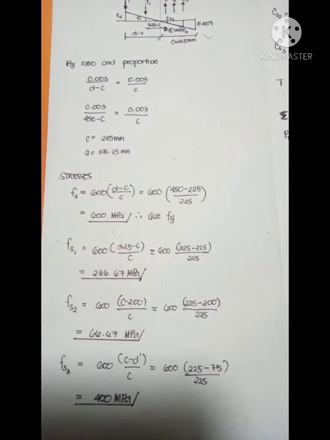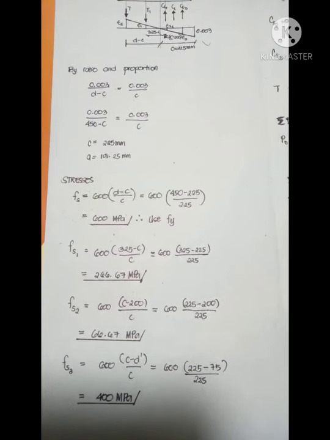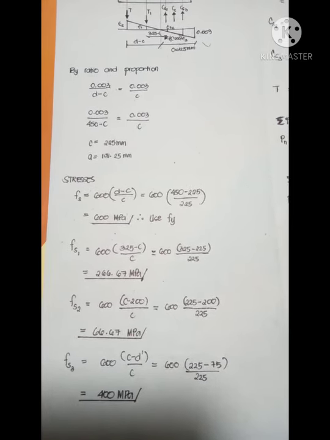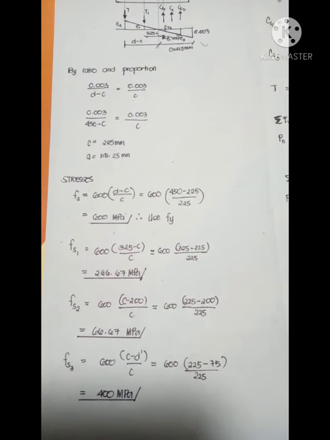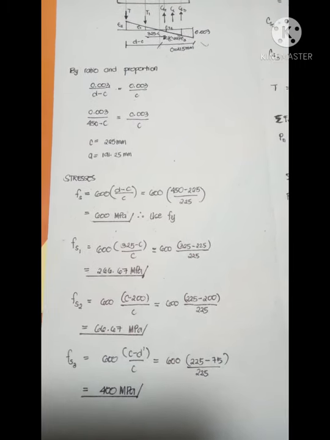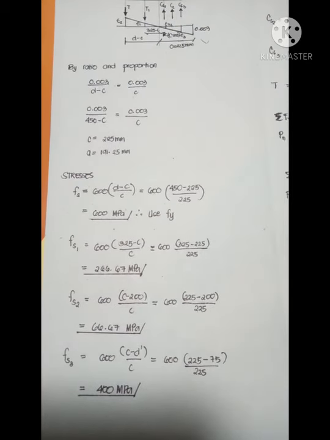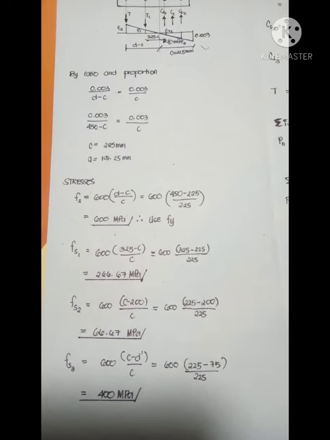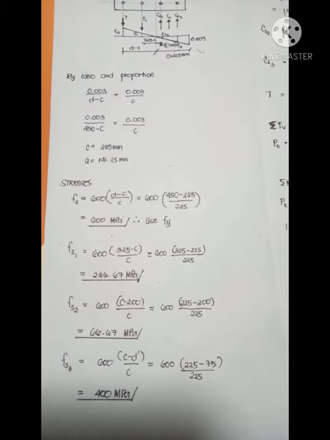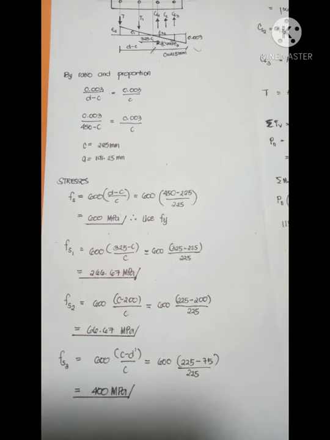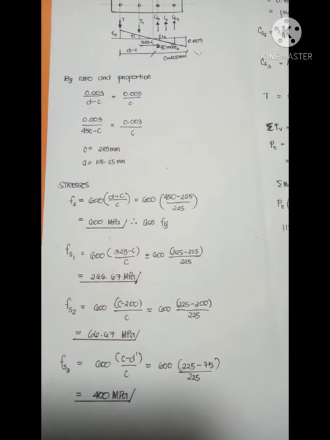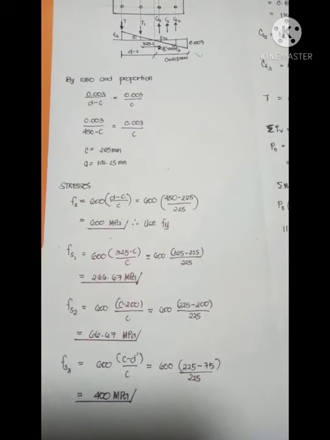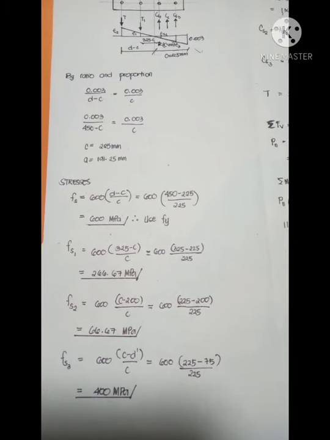Now that we have the value of C and A, next we need to determine the steel forces from the different steel layers of the tied column. We have here Fs with the formula Fs equals 600 times the quantity of D minus C over C, and substituting all the values, we obtained the value of Fs as 600 MPa.